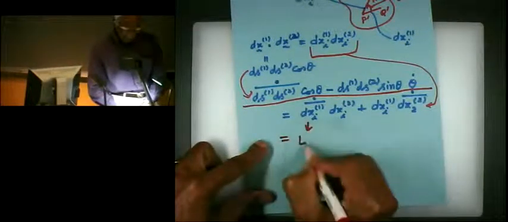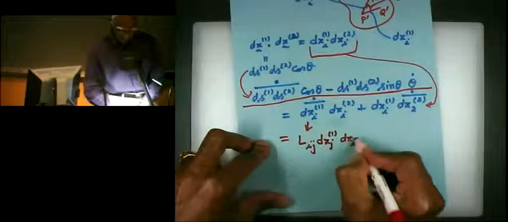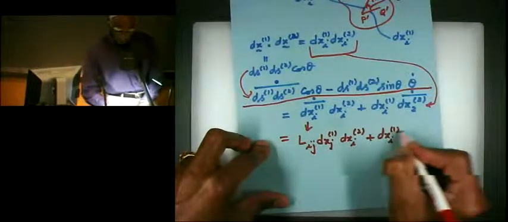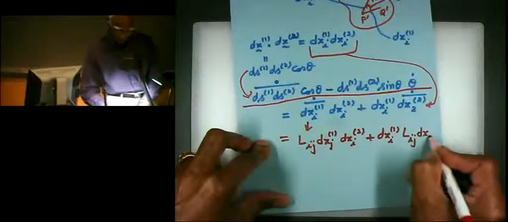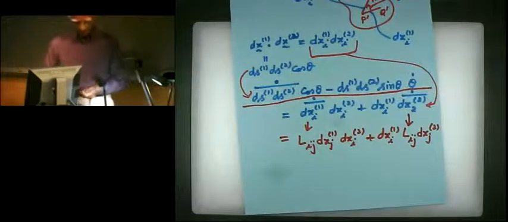So now this one is Lij dxj1, this one is Lij dxj2. So there are two ways to go from here.